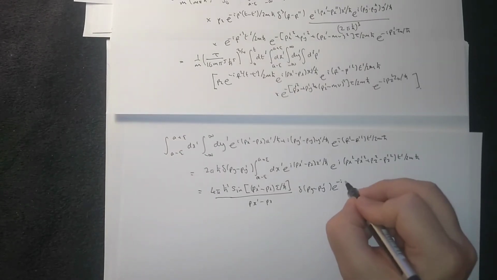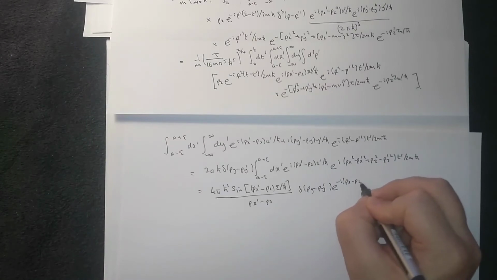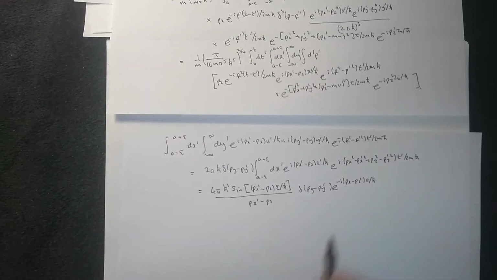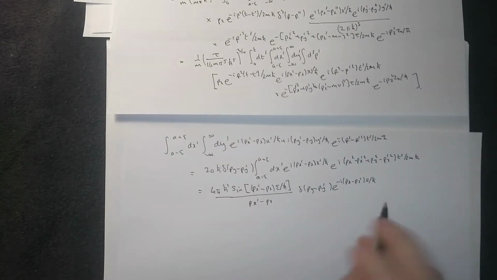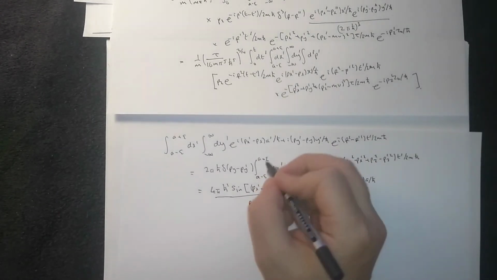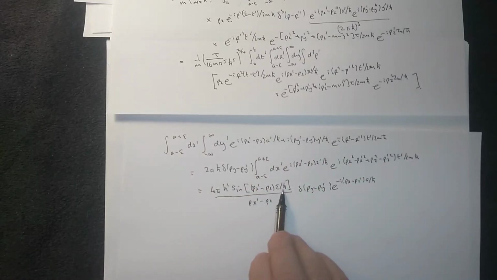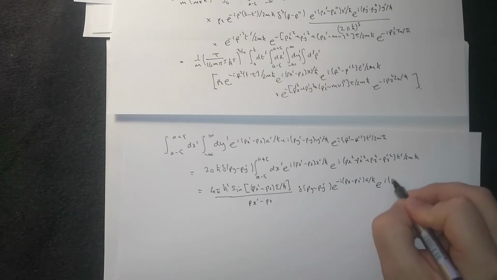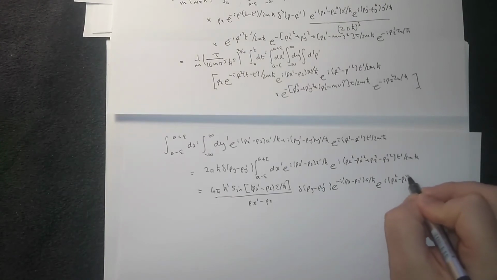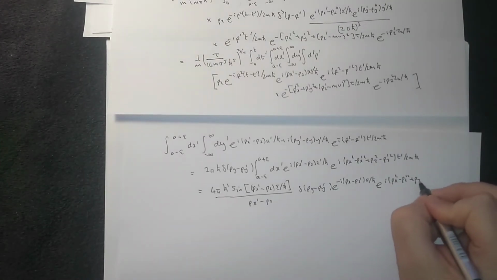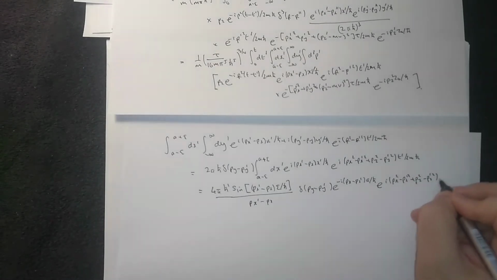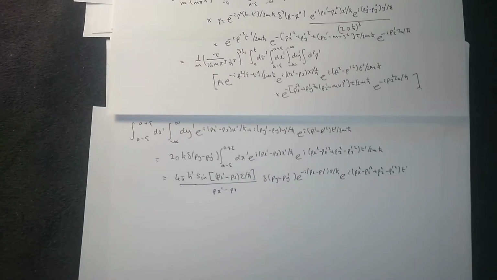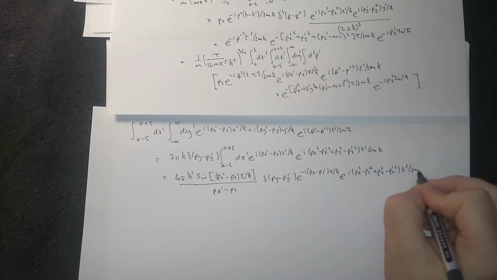And we have an e to the i (px minus px prime) a over h bar. So that came from doing the x integral that we have there. The two differences between minus and plus epsilon were combined to give the sine. And we still have an e to the i (px squared minus px prime squared plus pz squared minus pz prime squared) t prime divided by 2m h bar.